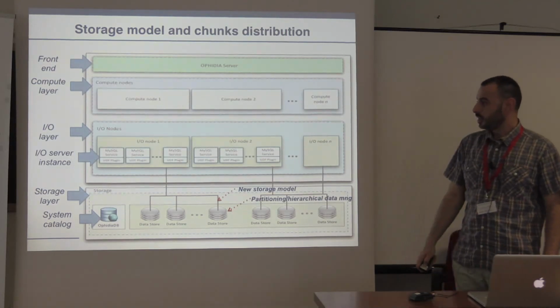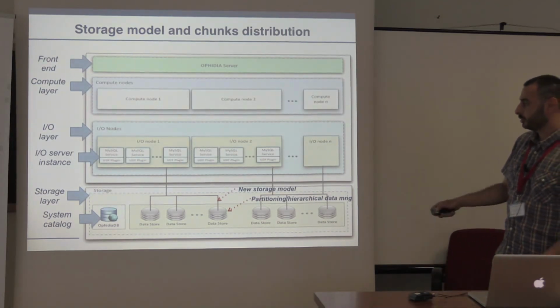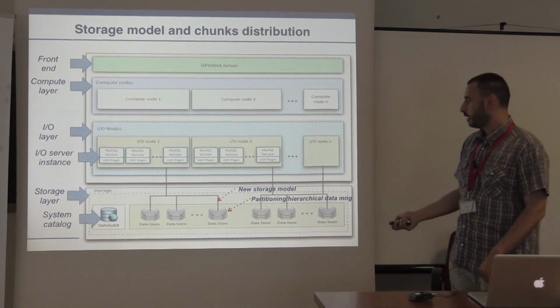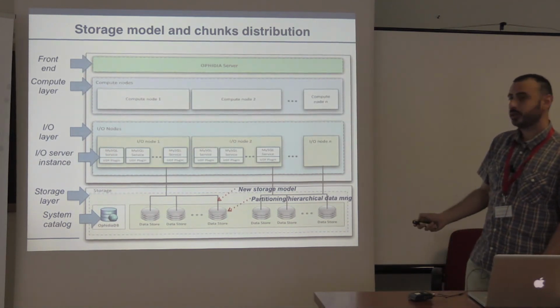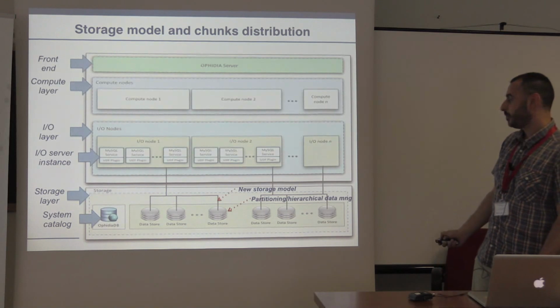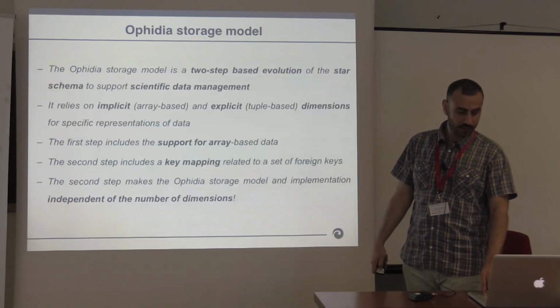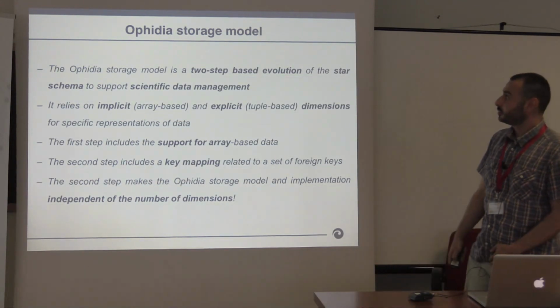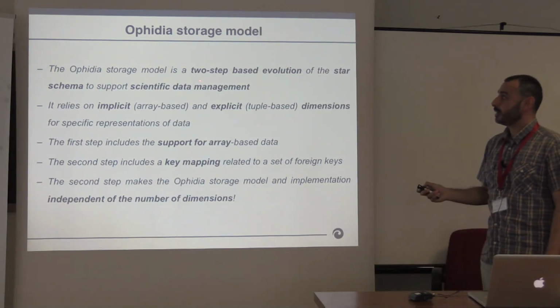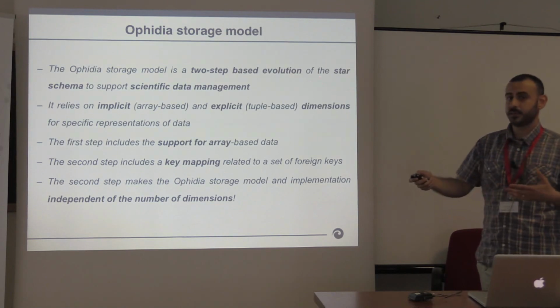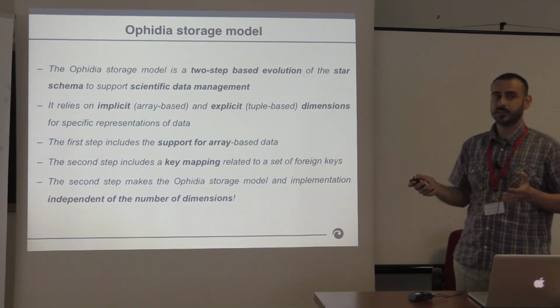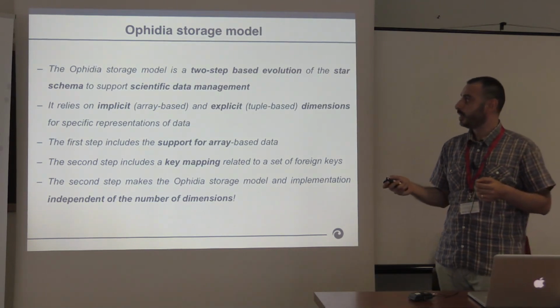So, I start the presentation by speaking about the new storage model we implemented and the partitioning and hierarchical data management. The Ophidia storage model is a two-step evolution of the star schema to support scientific data management.